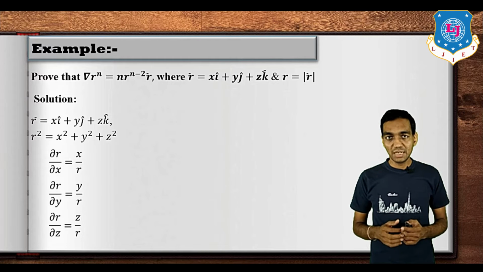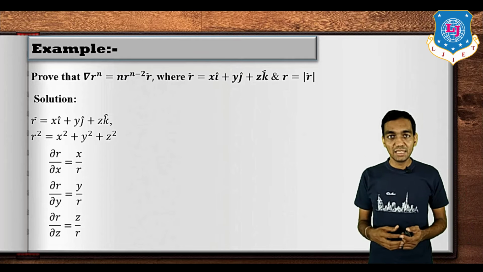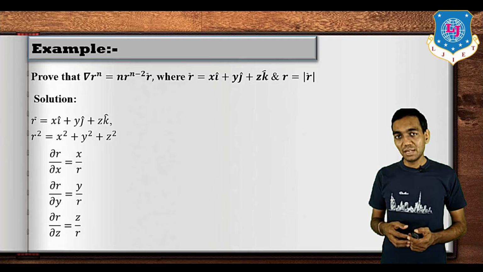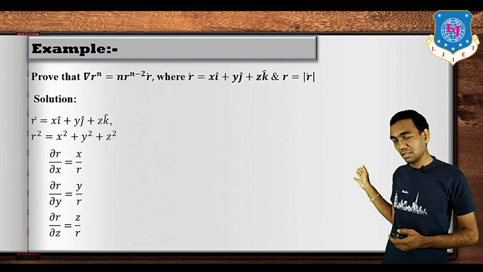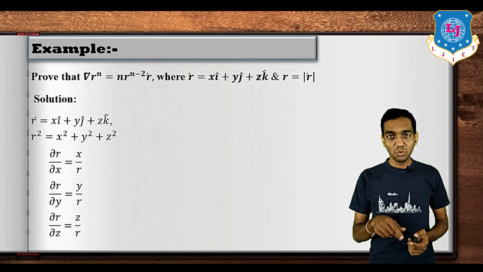So here r bar is equal to xi plus yj plus zk and if you are going to find mod r bar, then r² will be x² plus y² plus z² because it is a mod value.